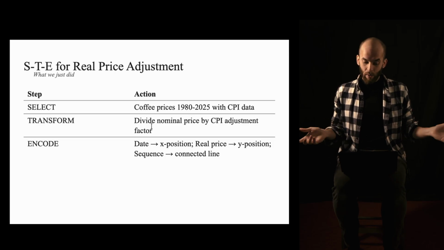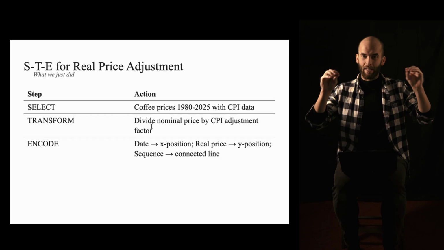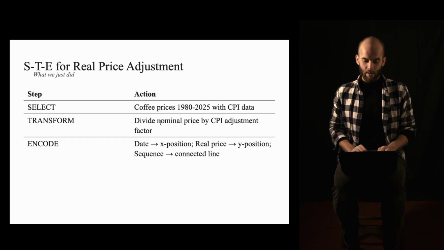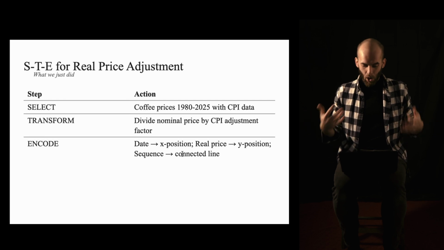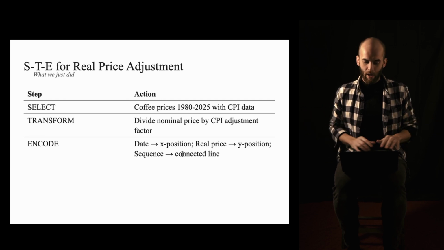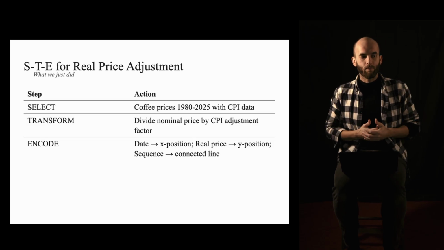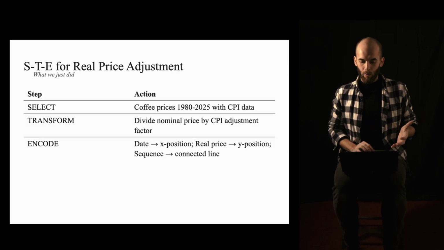And then all we're doing to do this price adjustment is dividing the prices by this CPI adjustment factor. Okay, so then we're essentially doing the same encoding that we did with a line graph. It's just, in this case, we're using real prices instead of nominal prices.